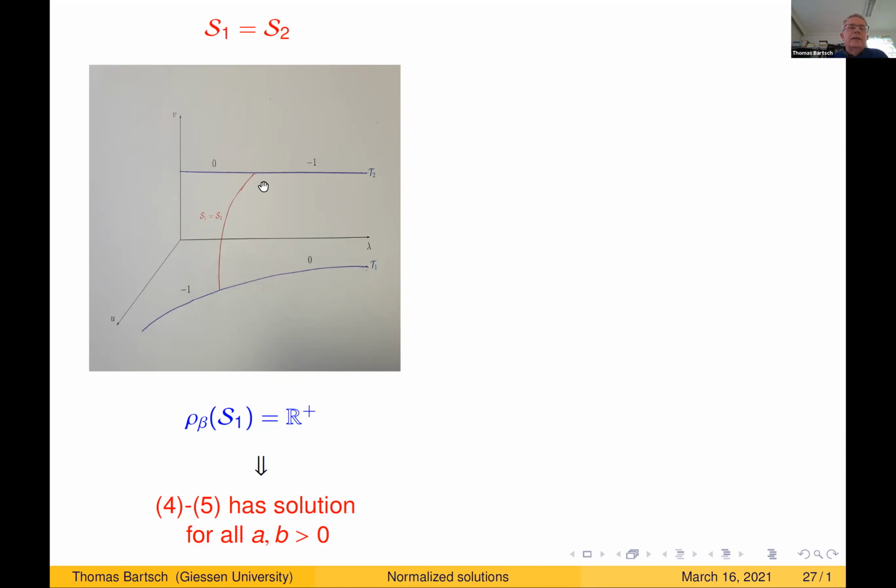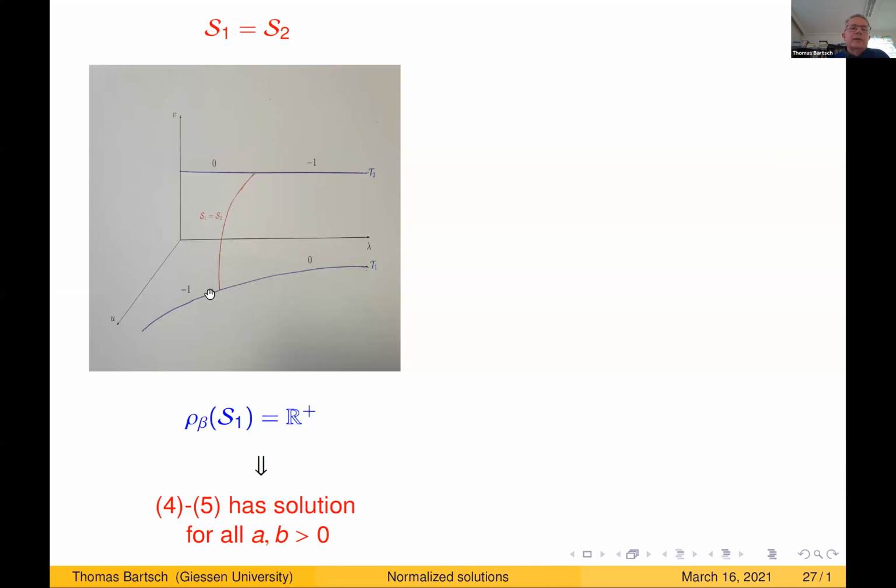But in the neighborhood of this point, we have u equal to 0 on this T sub 2. So along this branch, this quotient converges towards 0, because the L2 norm of u converges towards 0 and the L2 norm of v converges towards a fixed positive value. So this rho sub beta converges towards 0.